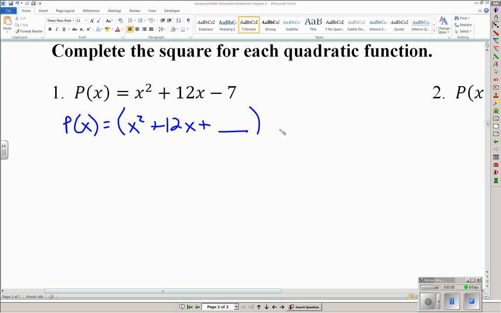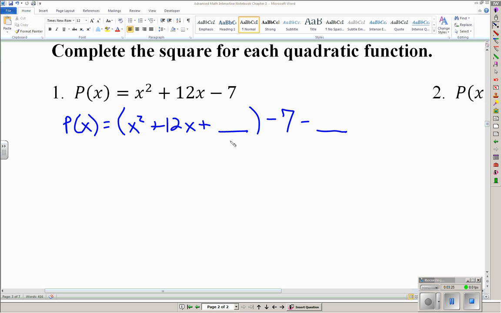I'm going to close the parentheses, and then keep my minus 7 outside, and I'm going to say minus blank. Since I added something here, I need to subtract that item here because it's on the same side of the equal sign, and that way my equation stays balanced. It'll change the appearance of it, but the value will remain the same.